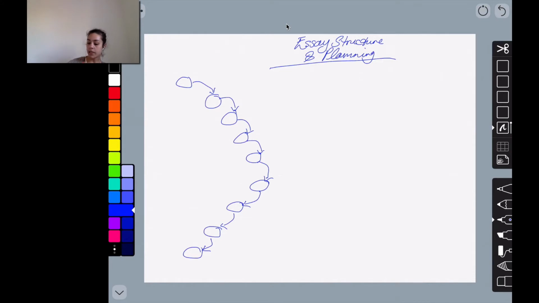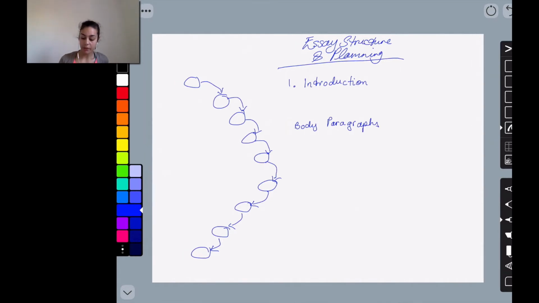So when we've got our ideas in our essay, we know that we have our introduction. We're going to have body paragraphs. So we've got our essay structure. As I mentioned, we've got our stepping stones, and each one logically takes us to the next idea.